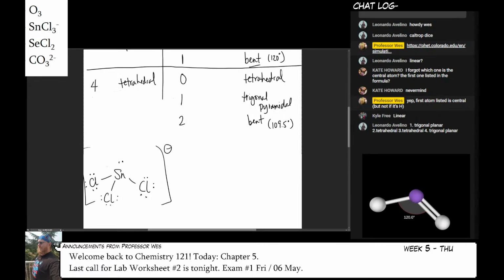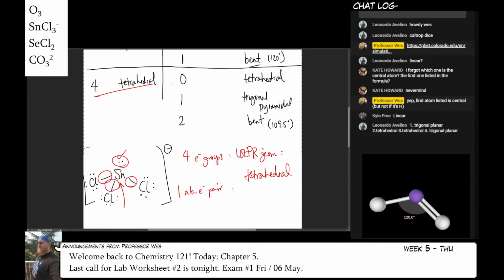All right, around the central atom, which is this one, how many electron groups are there? So 1, 2, 3, 4. So 4 electron groups, the VSEPR geometry would be tetrahedral. And of those 4, 1 is a non-bonding electron pair.